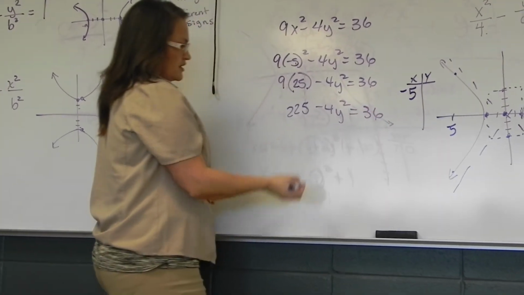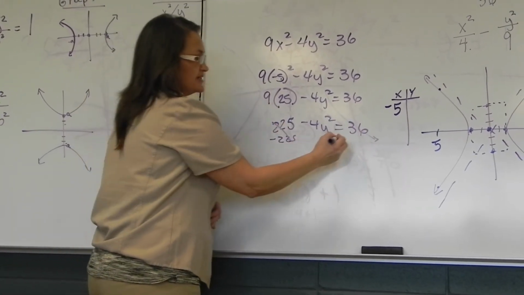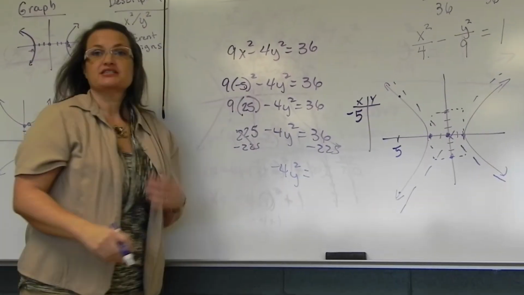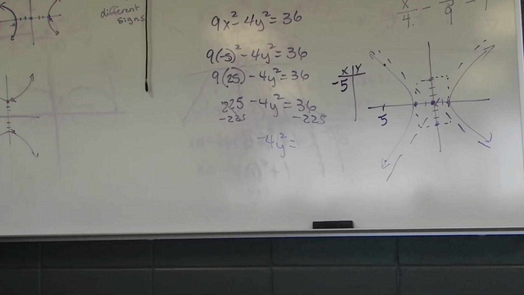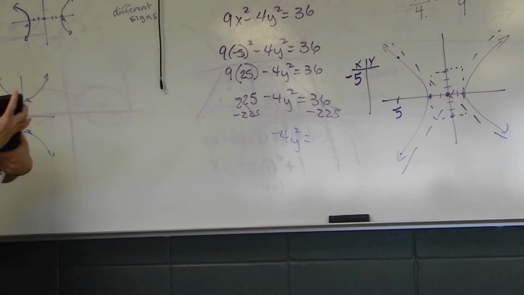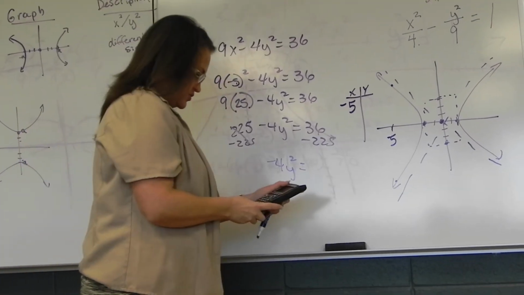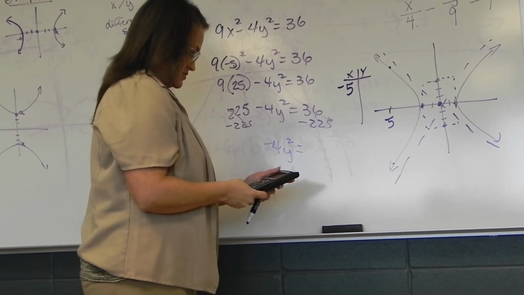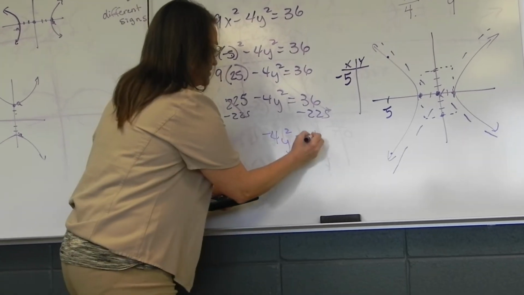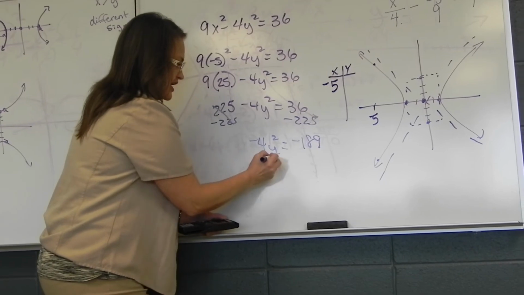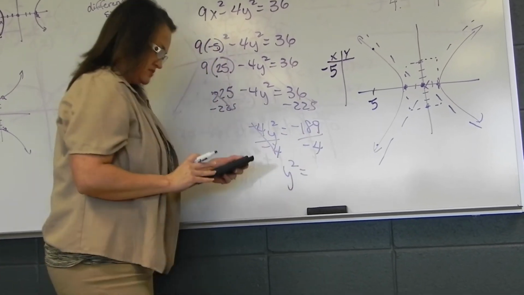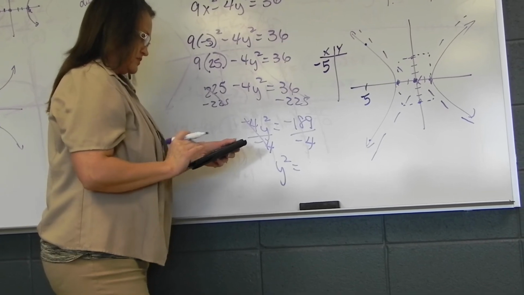Then subtract that, some basic equation solving. 36 minus 225, which is negative 189. Then divide out the negative 4.